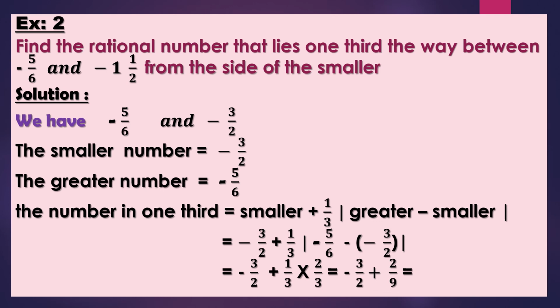The absolute value removes the negative sign of the number, so we have negative 3 over 2 plus 2 over 9. It will be negative 23 over 18. We can use your calculator to get the answer quickly.